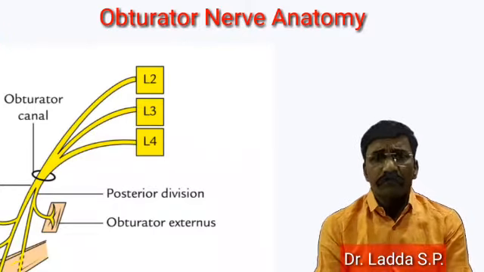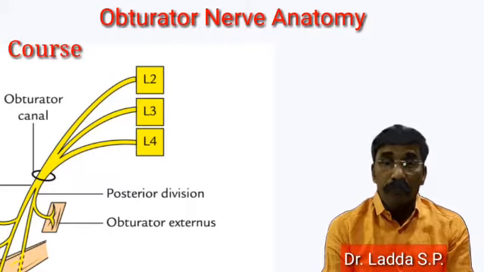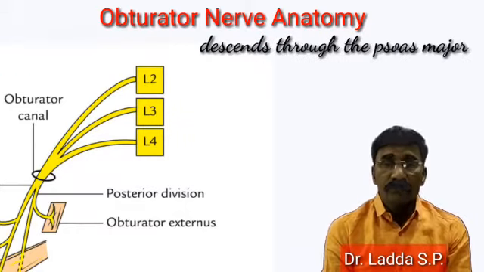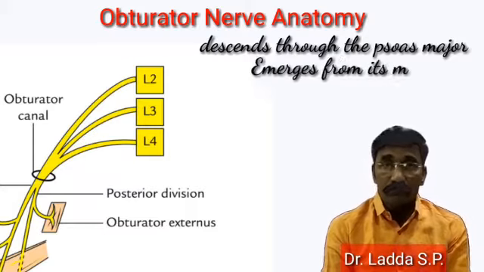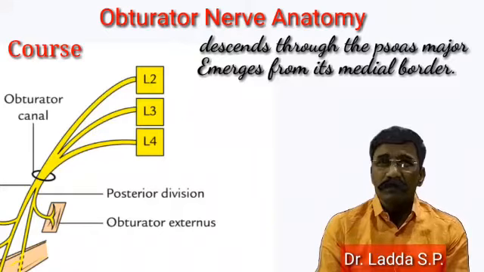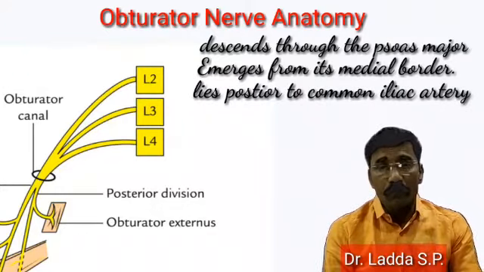After its formation, the obturator nerve descends through the fibers of psoas major muscle and emerges from its medial border.